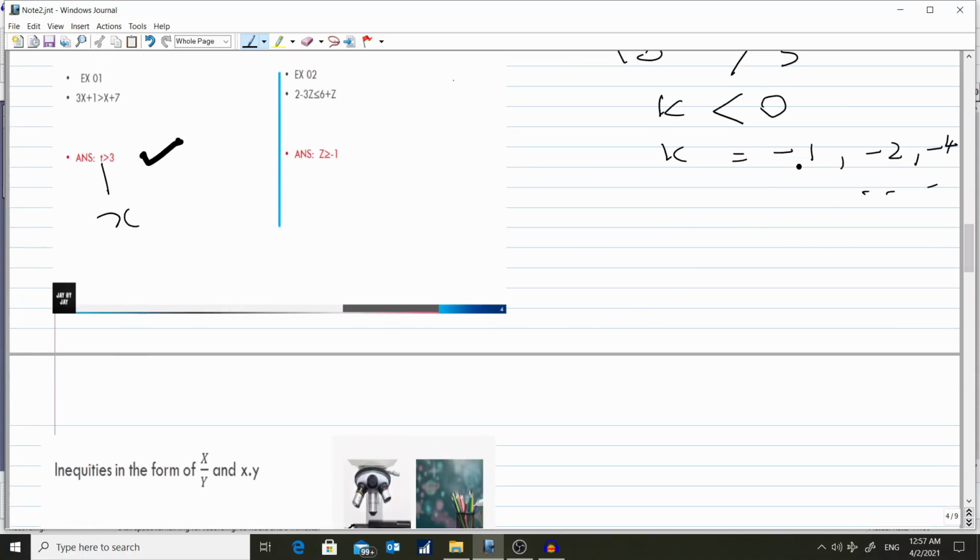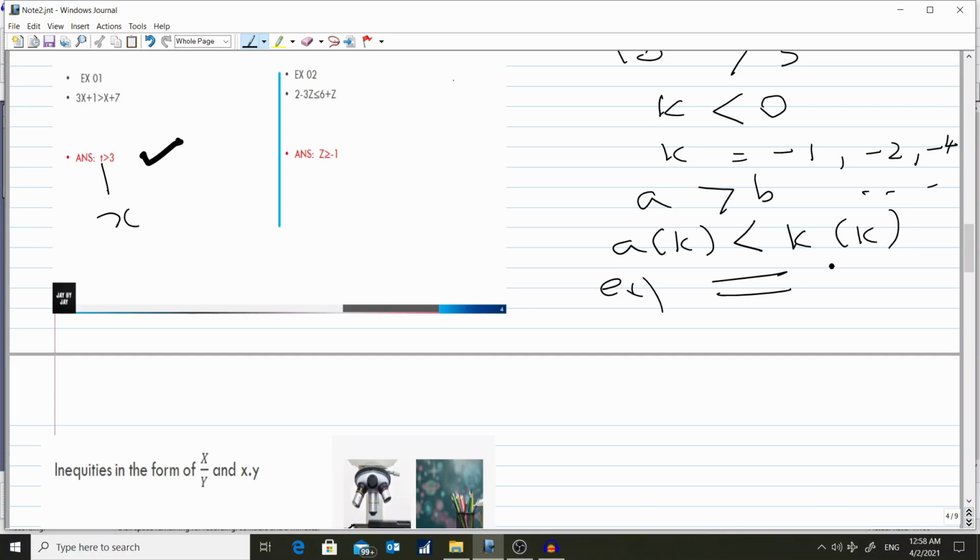So here we have a > b, and if we multiply both sides by k, and k is negative, the direction of this inequality will change the other way around. You should know that. For example, we can take 5 greater than minus 5.